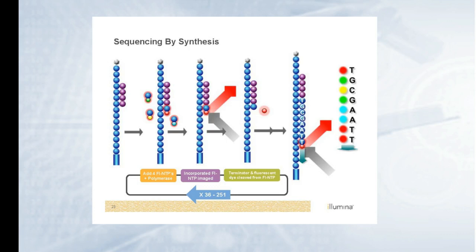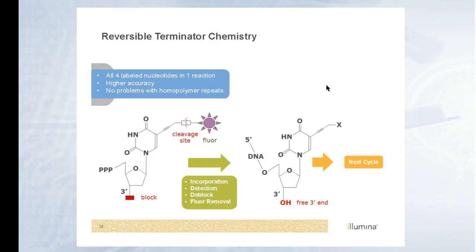But the nucleotides in this case are special nucleotides. This is a peculiarity and an important thing to keep in mind with Illumina: each one of these nucleotides, and we can look at it on this next slide, has a couple of properties.